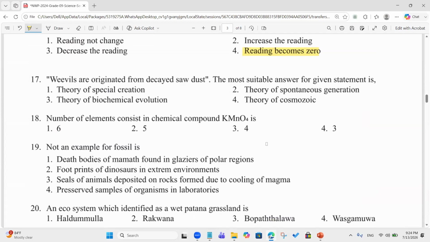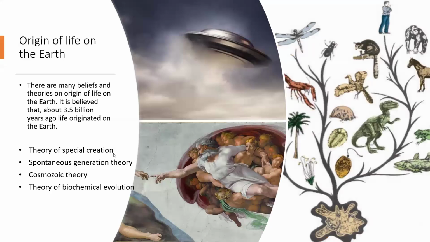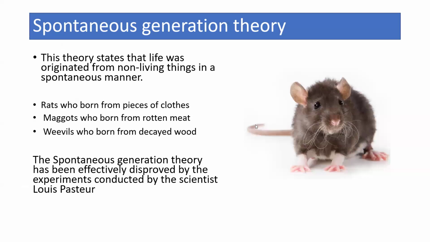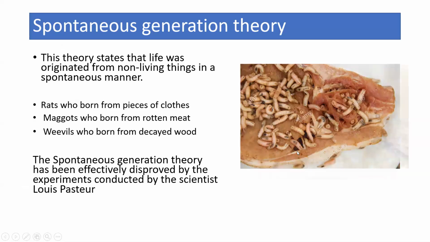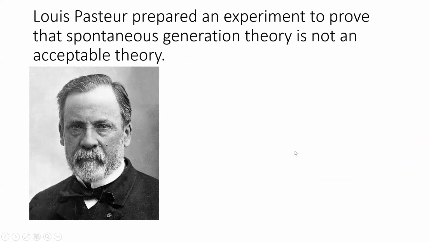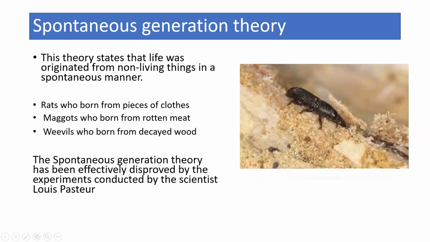So these are the four theories that you learn. Let's remind it: theory of special creation, spontaneous generation theory, cosmozoic theory, theory of biochemical evolution. Right? From these theories, you learn about the spontaneous generation theory. It says life originated from non-living things in a spontaneous manner. So rats from pieces of cloth, maggots from rotten meat, and weevils from decayed wood.